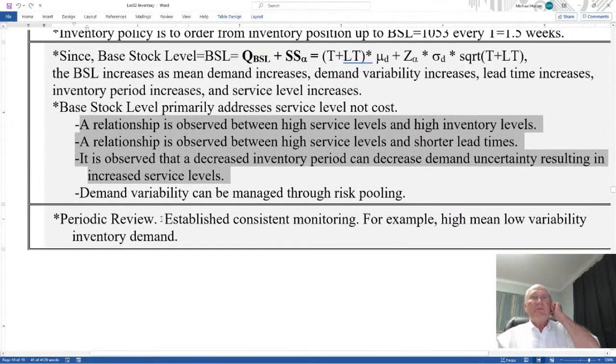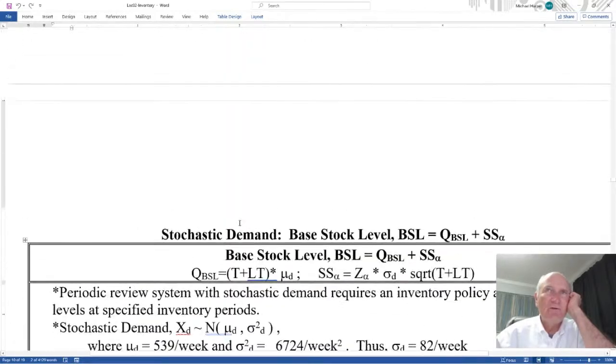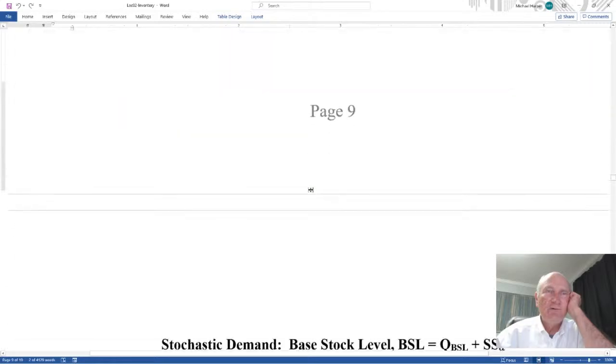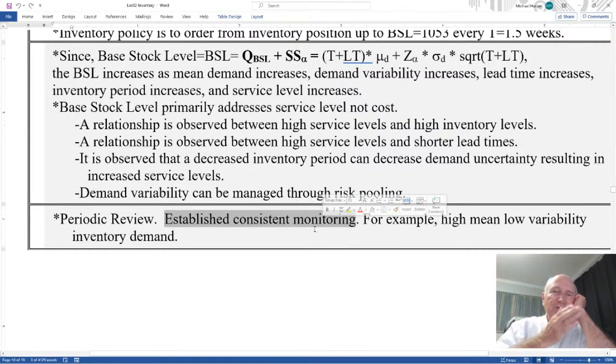Okay, periodic review, establish consistent monitoring. Now notice here's when it's used. Up here you have computerized monitoring. For periodic review you have consistent monitoring. You want to monitor your inventory consistently. That's when the periodic review kicks in.